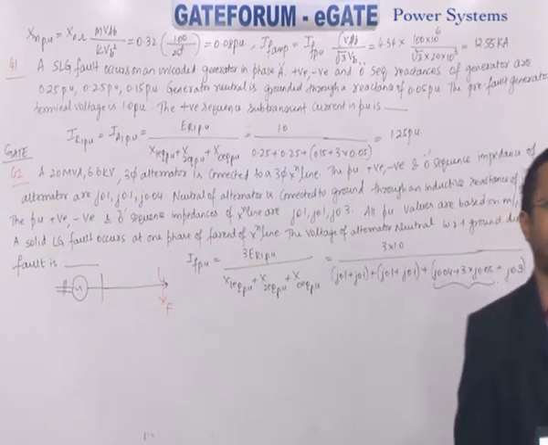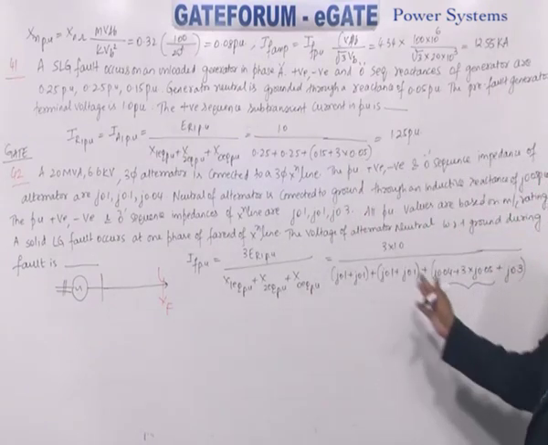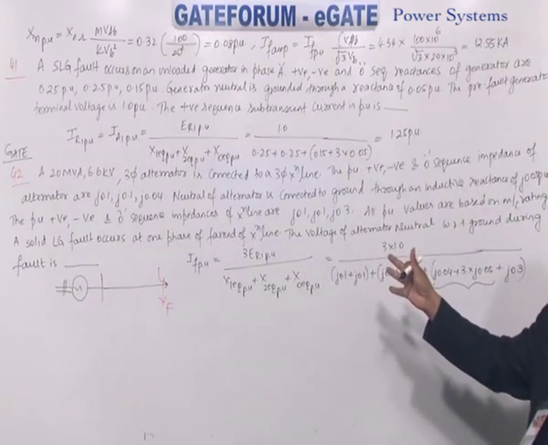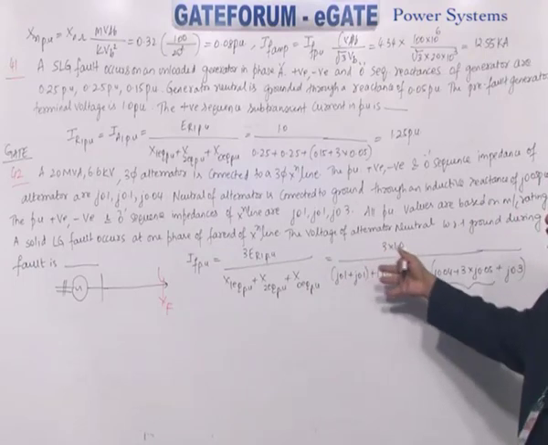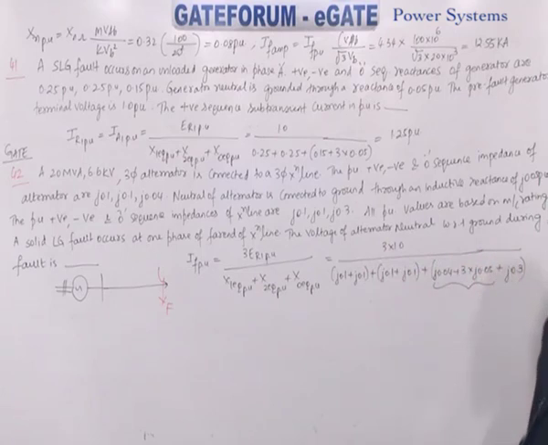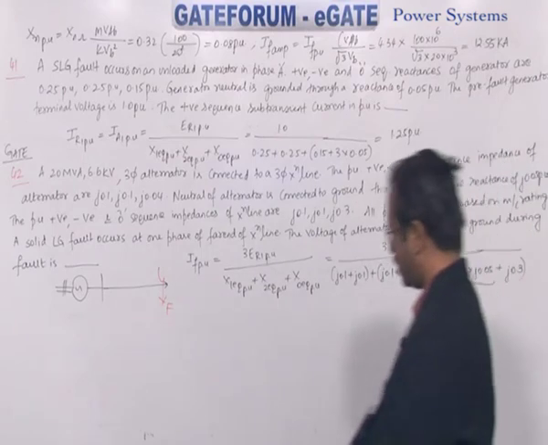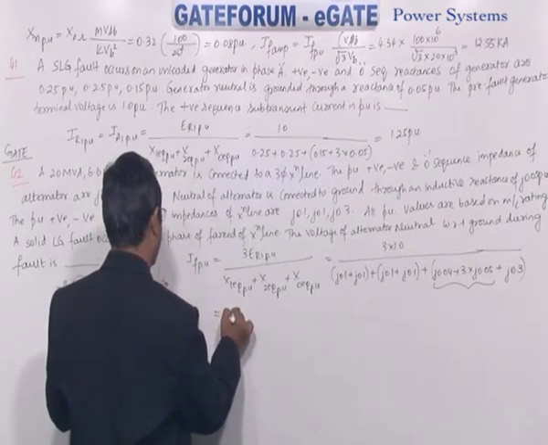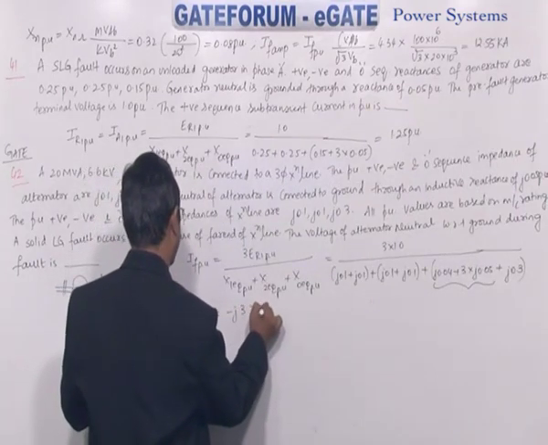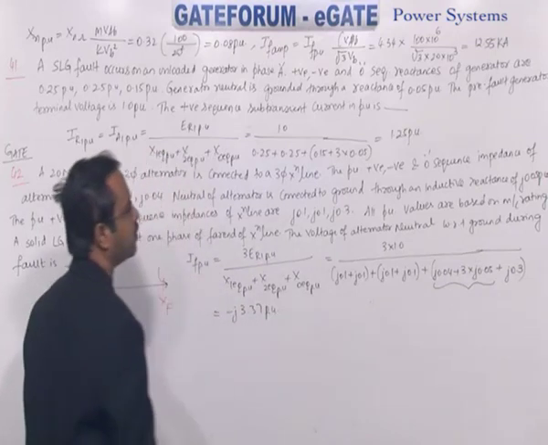Verify the power system network: we have both the alternator and the line, so it is like a series combination, and everywhere you include their reactances in series. On verifying this, you get minus j3.37 per unit.